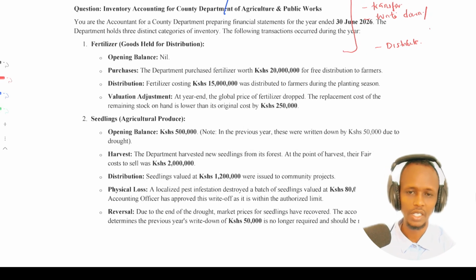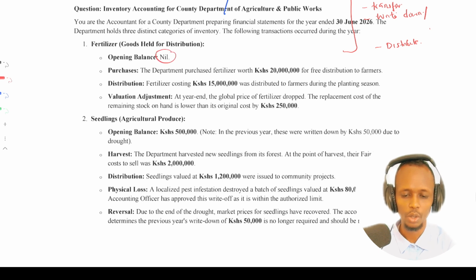This is the first scenario. You had an opening balance of nil. Purchase is 20 million. Distribution is 15 million. And then the write down, the loss, is 250. How can we get the write down?